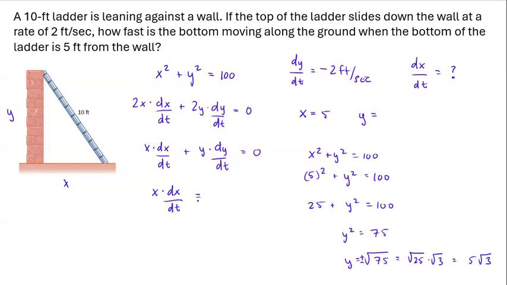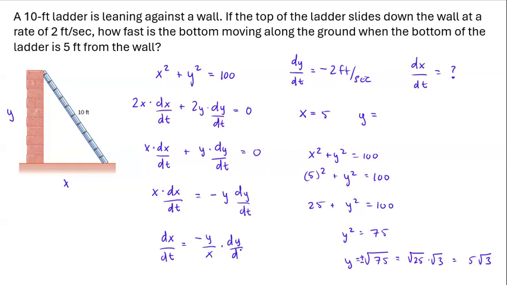So that'll give us x dx/dt equals negative y dy/dt. And we'll divide both sides here by x. So dx/dt will be negative y over x times dy/dt.